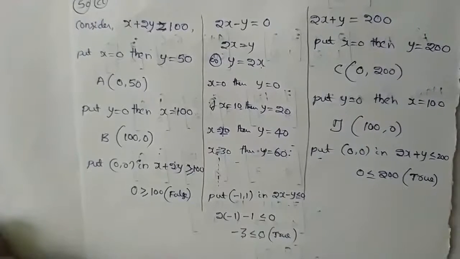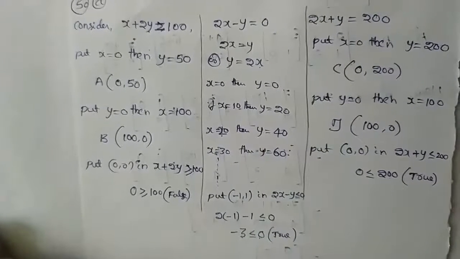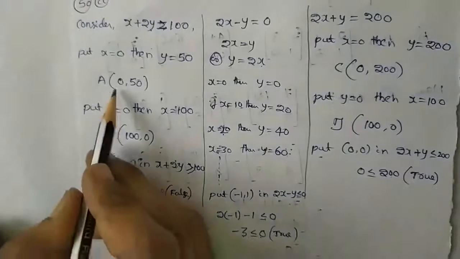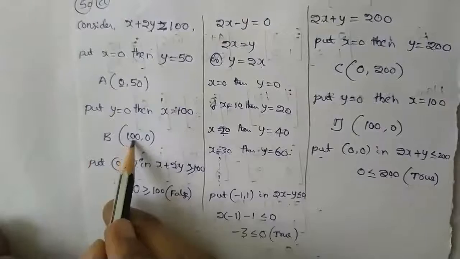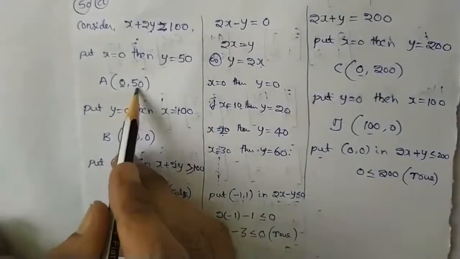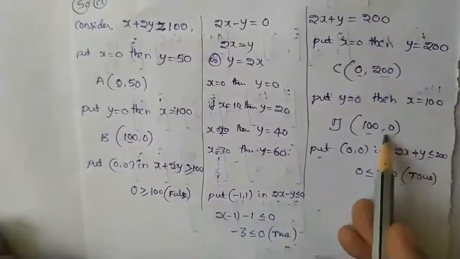Now it is the simplification part. Now we need to draw the graph. See, the maximum value of x is 100. The maximum value of y is 200, right?